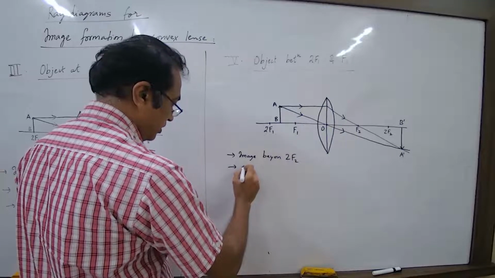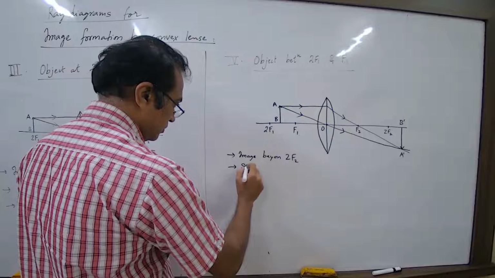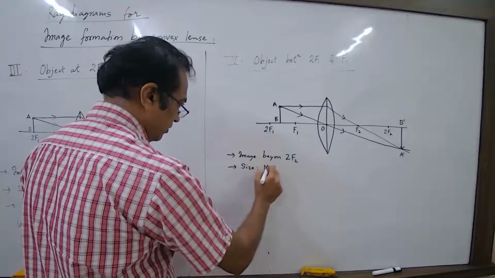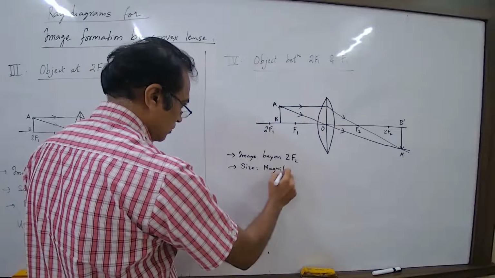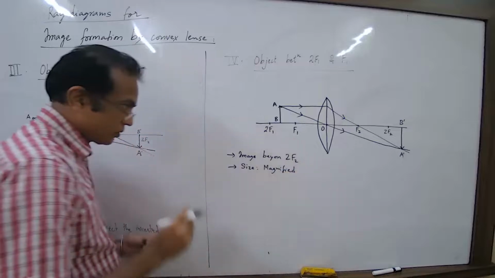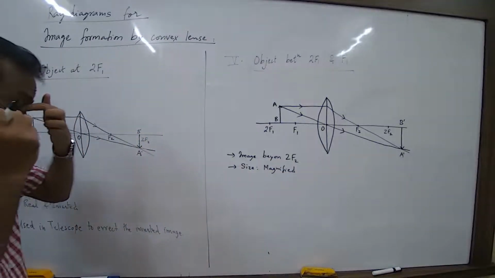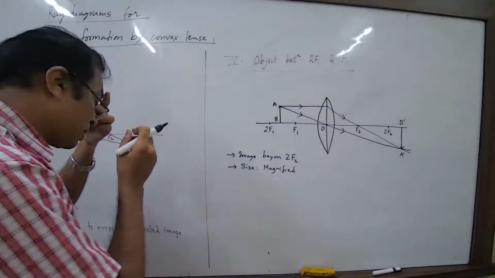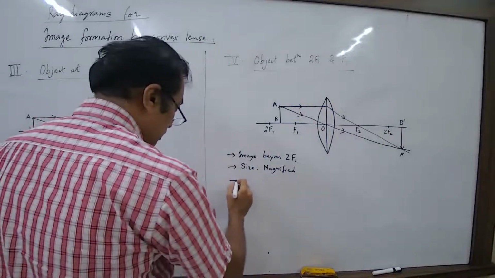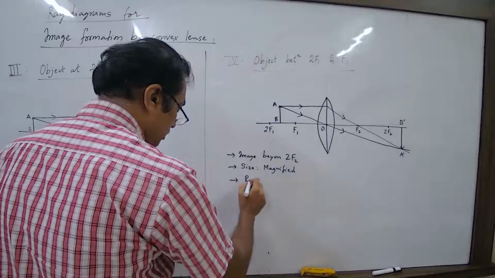Size is magnified, right? So now image is going away and its size is increasing. So it is as per the expected pattern. And it is real and inverted.